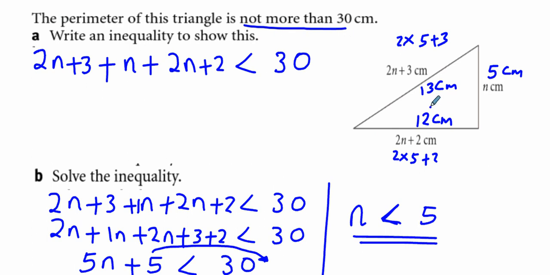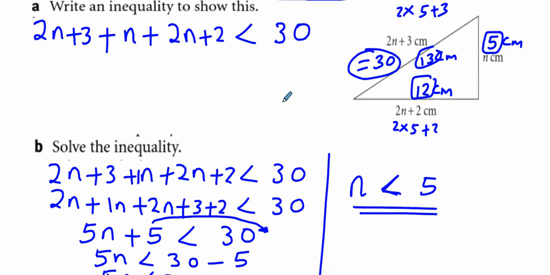Now when you add 12 plus 5 plus 13, you are getting something equal to 30. Now, what do you have to conclude? Because the question is that the perimeter should not be more than 30, and we got something equal to 30.